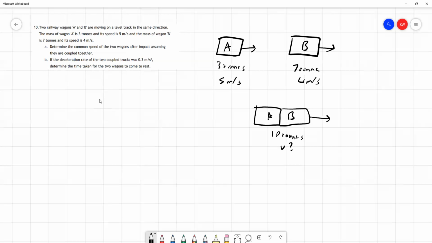So let's put this into our formula, and remember, for tons we'll multiply by 1,000 to put this into kilograms. So it'll be 3,000, 7,000 kilograms and 10,000 kilograms.